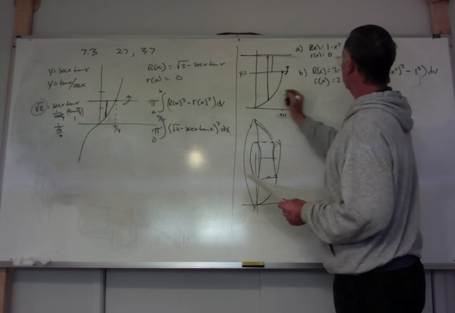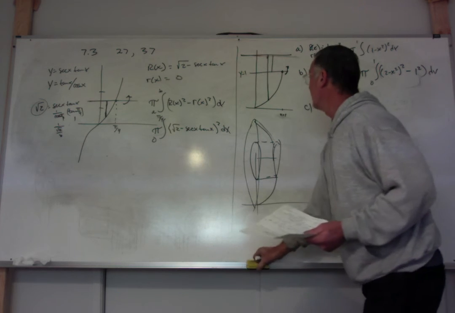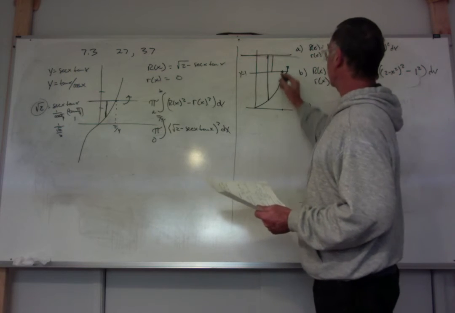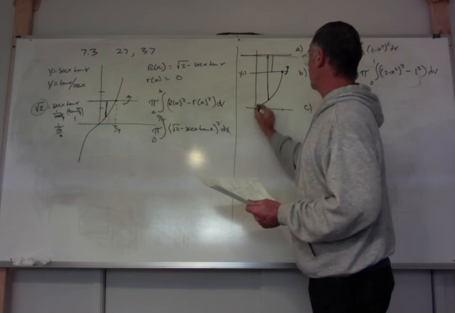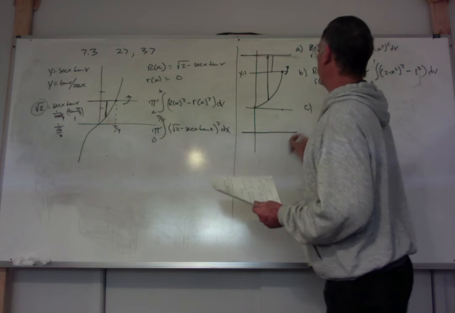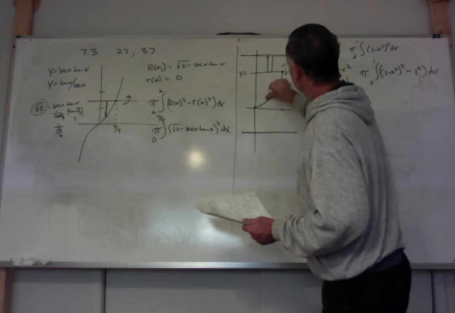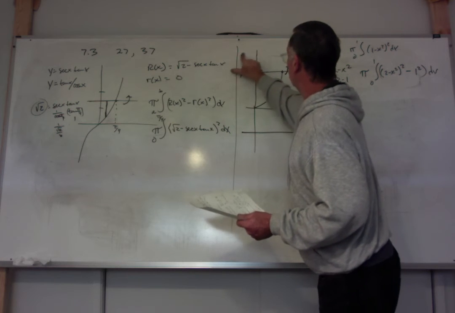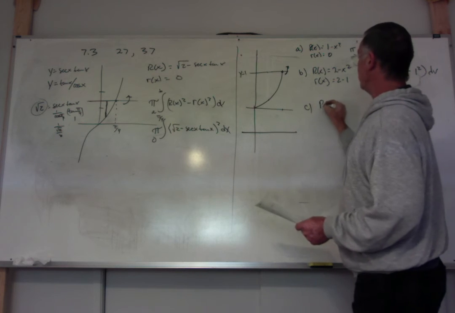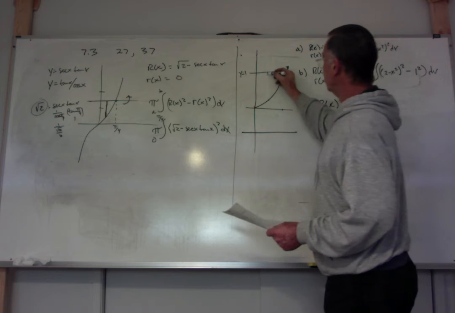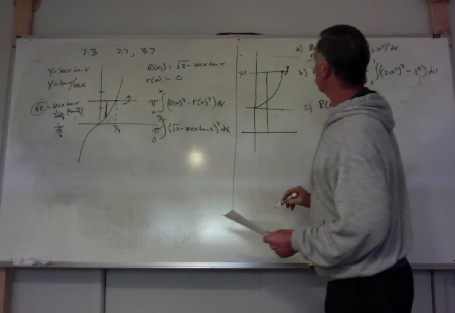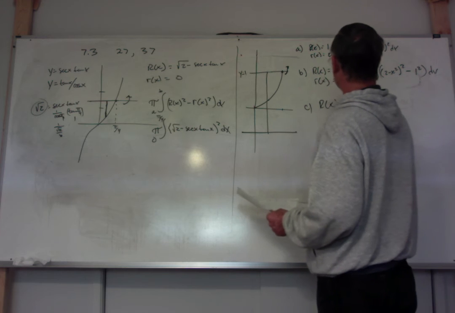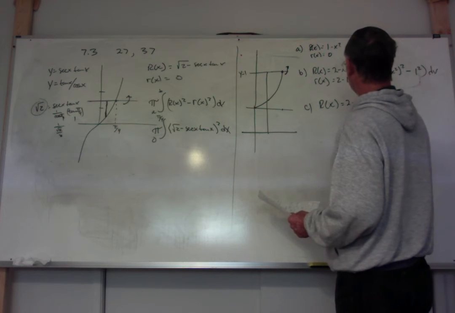And then for part c, what we're going to do now is switch this, and we're going to revolve this. Instead of around 2 axes above, we're going to go around this line. Let me erase that, and this is no longer a part of it. So what is my big radius? Well, my big radius is this distance here, and that would be 2 minus negative 1.